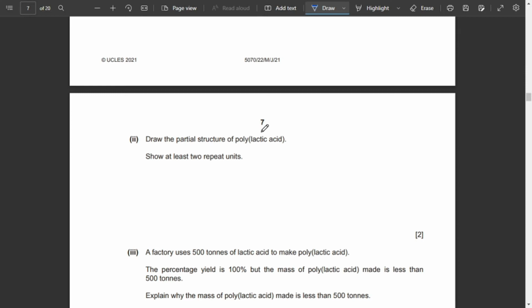Show at least two repeat units. First of all, you need to know lactic acid and then you're going to draw its polymer.